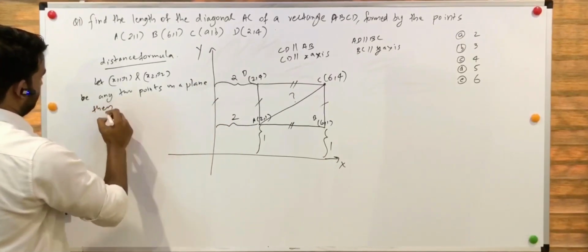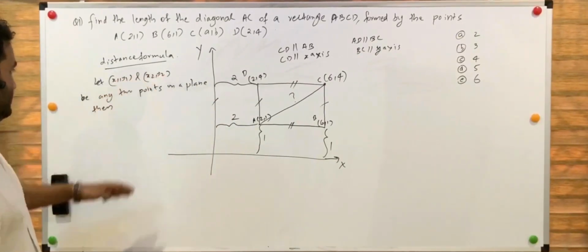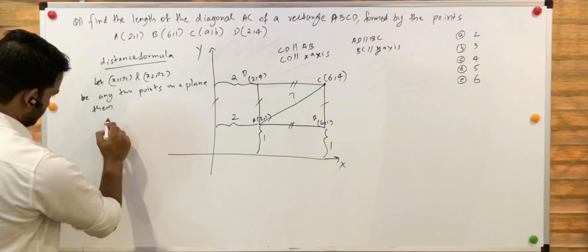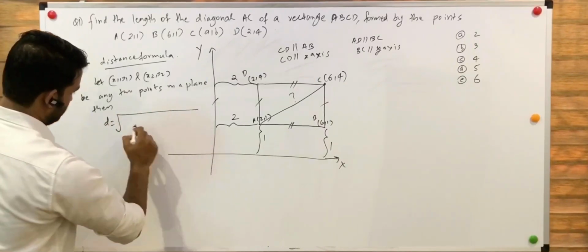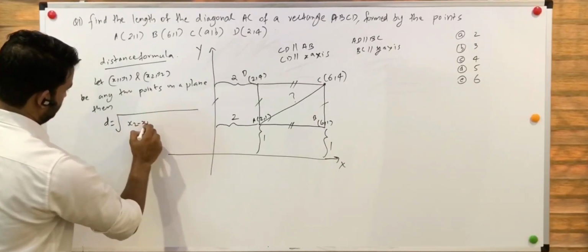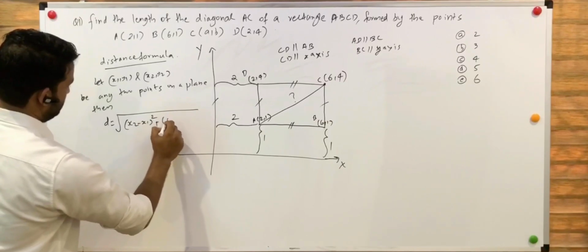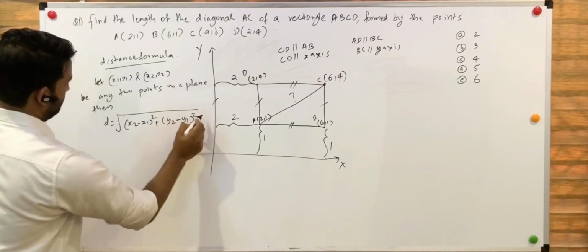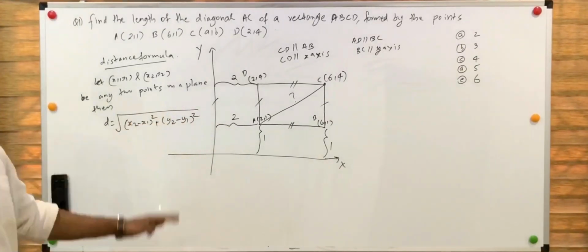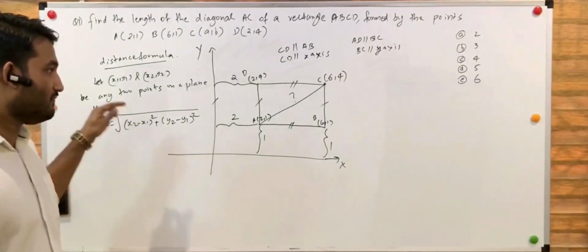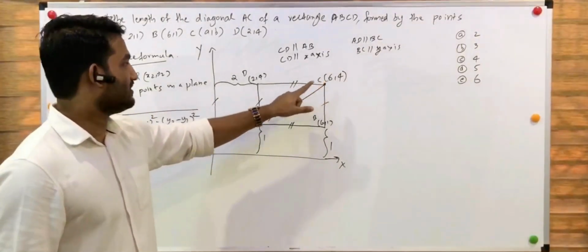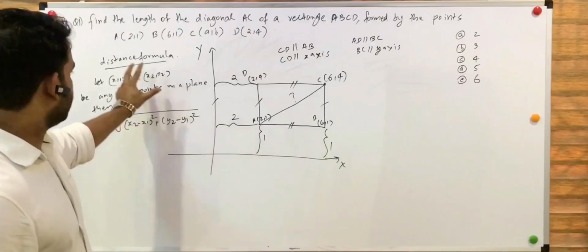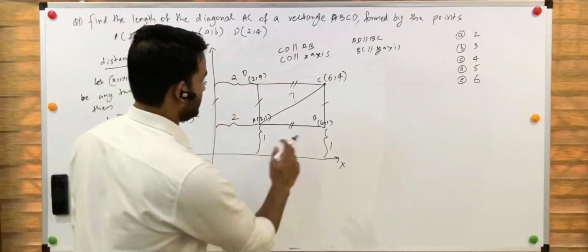Then the distance between these two points is given by the root of (x2 minus x1) whole square plus (y2 minus y1) whole square. This is the formula we use here to find the length of AC. So how do we apply it here?